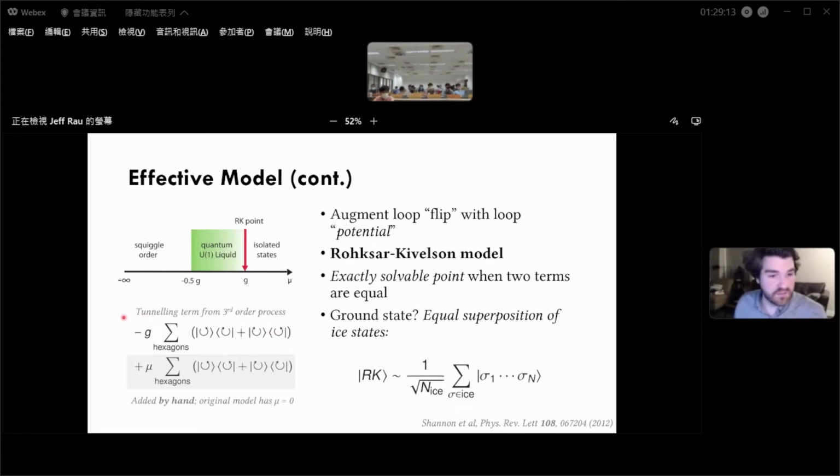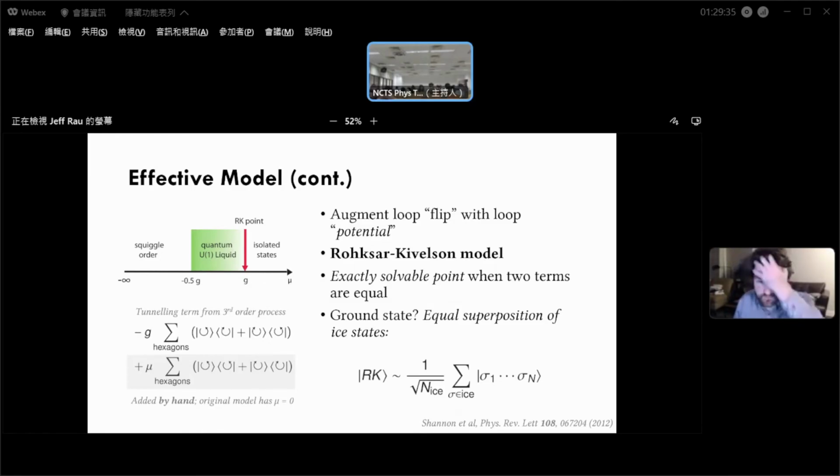But if you add to it by hand, instead of this tunneling type term, a potential term for that same thing, instead of having tunneling between a state where you flip that hexagon, you just have a term that essentially counts how many hexagons can be flipped, this model actually has a point where you can find an exact solution.